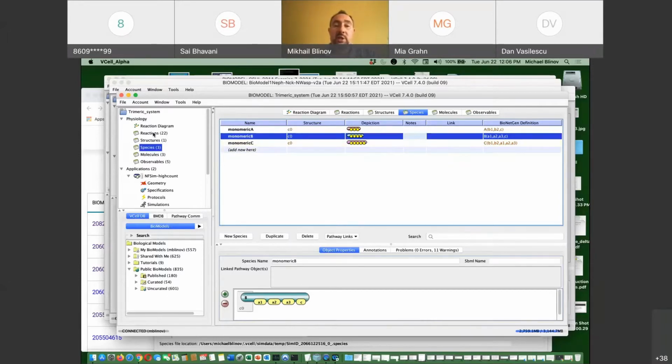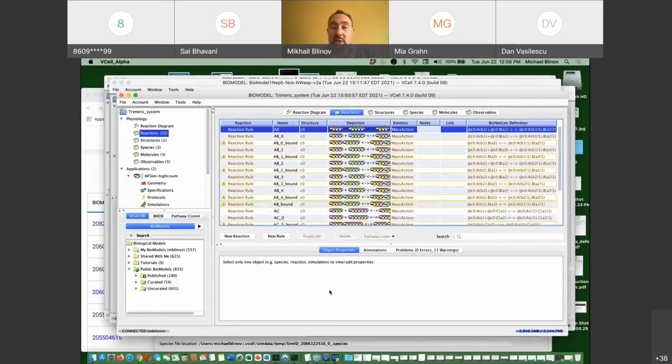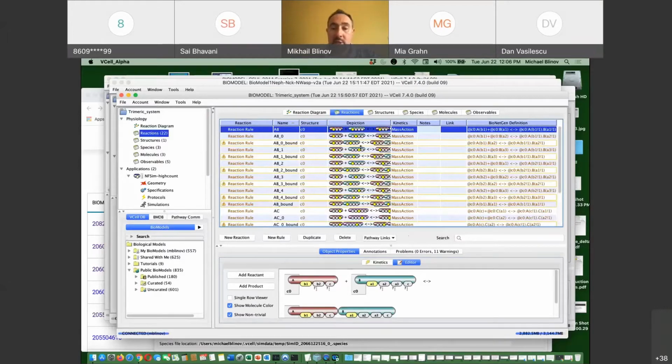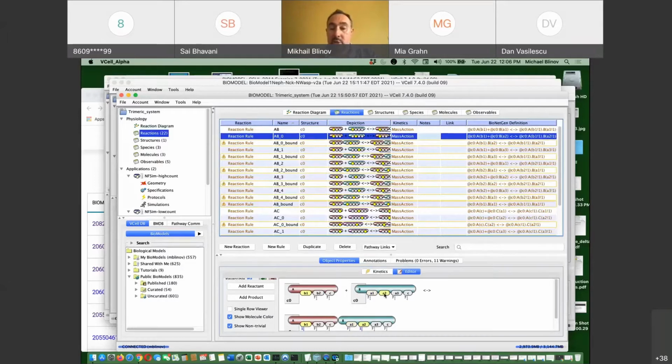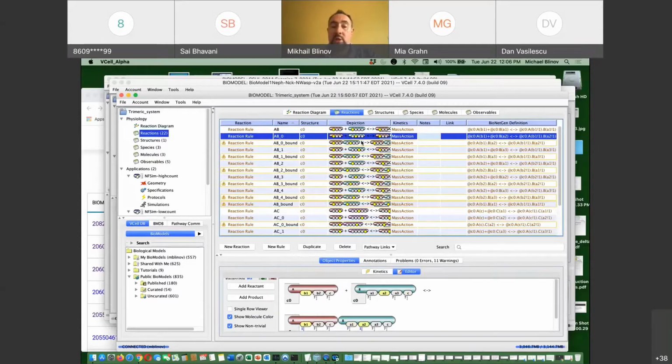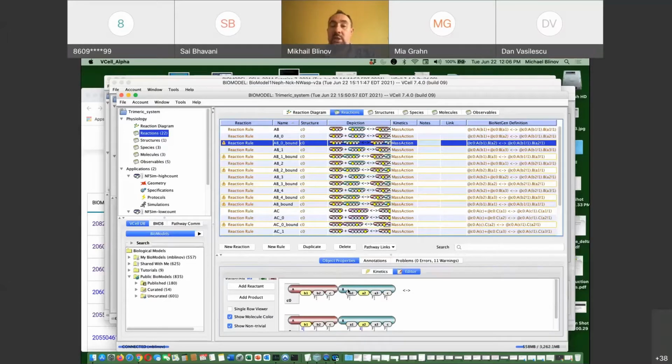So you have interactions. A binds to B, and here B1 binds to A1, here B1 binds to A2, and here is another tricky rule. So what's the difference between this one and this one? Here, two molecules A and B are already bound some way, so they're already in the same species, in the same molecular cluster.